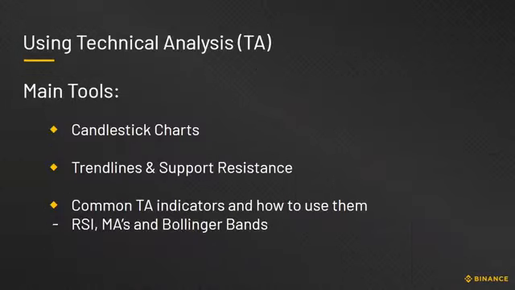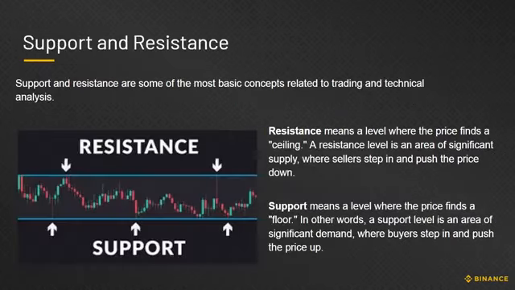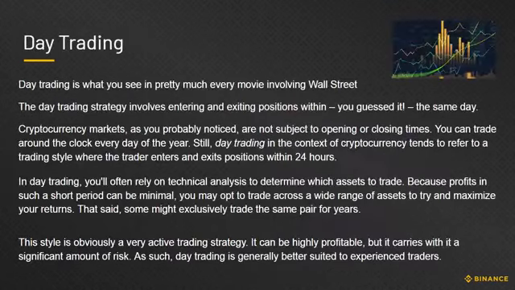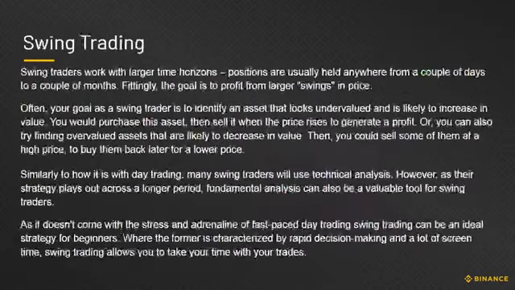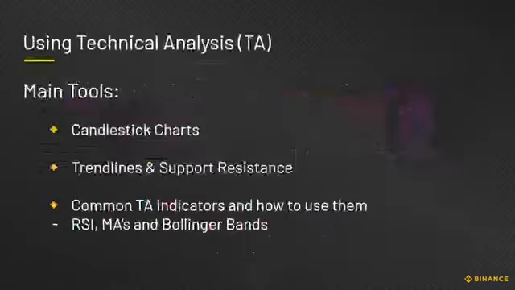We talked about technical analysis and fundamental analysis, trends and support, and candlesticks and how we can use them. Then we talked about resistance and support, other trading indicators, and different kinds of trading: what is scalping, what is day trading, what is swing trading. So this is where we wrap it up.